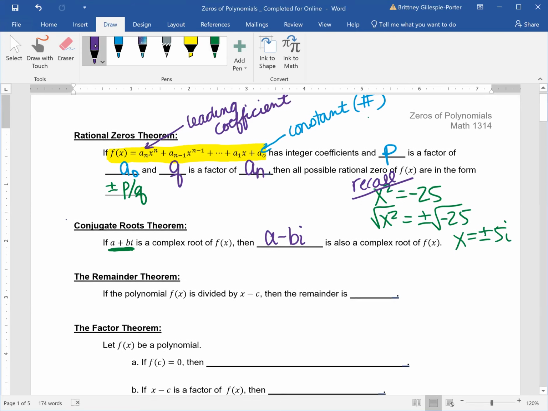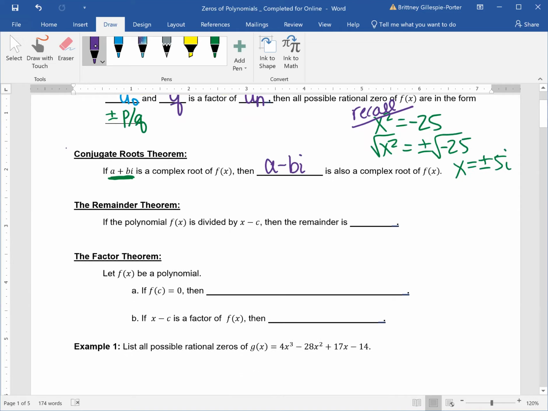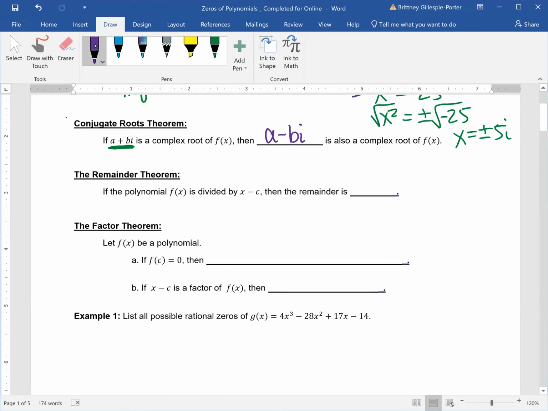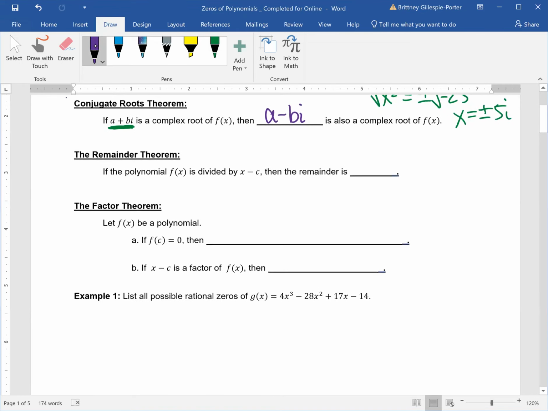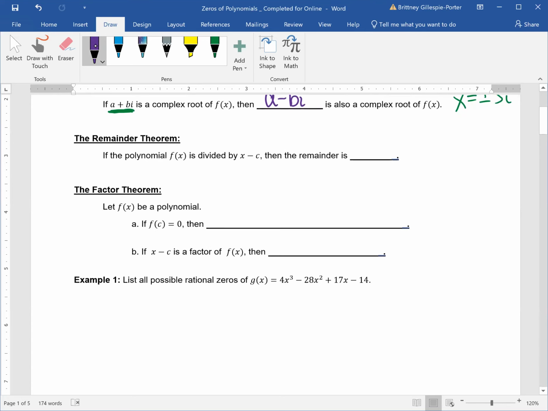Next definition, we have the remainder theorem. Says if the polynomial f of x is divided by x minus c, then the remainder is f of c. We actually used that in our synthetic division from last week.